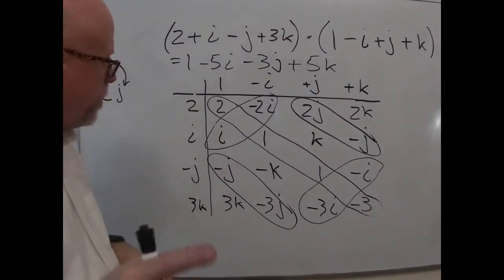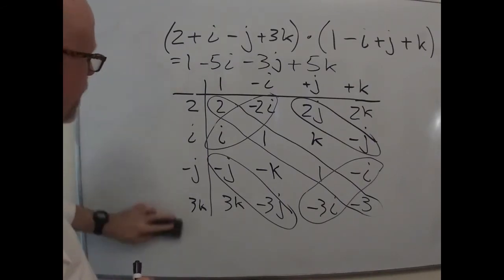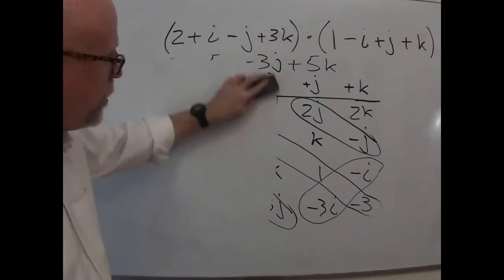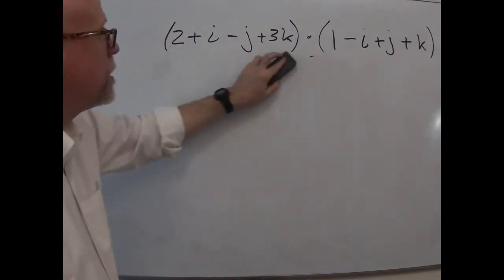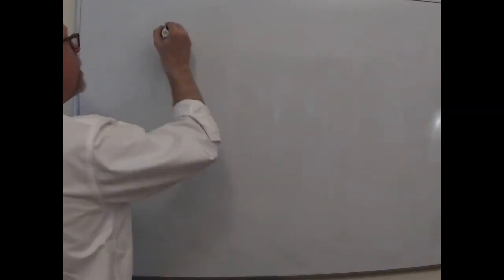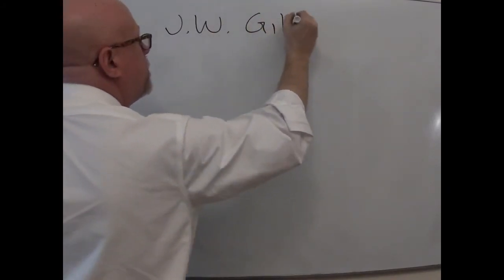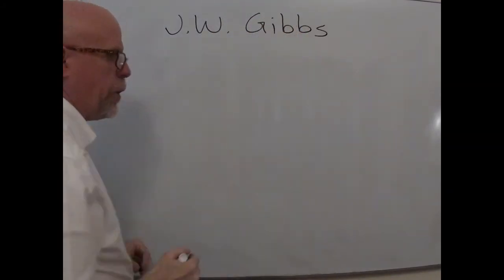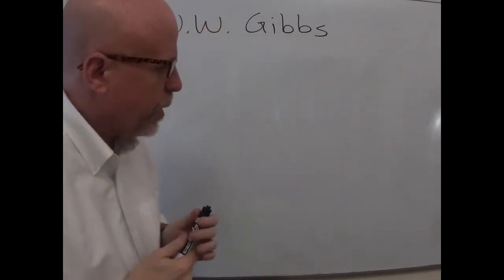All right, so I didn't get a picture of the other character in this saga, but our guy Hamilton ended up having quite a debate, although long distance and over time, with an American mathematician named Josiah Willard Gibbs. And Gibbs, I believe he was at Yale, but in any case, he was the first president of the American Math Society.